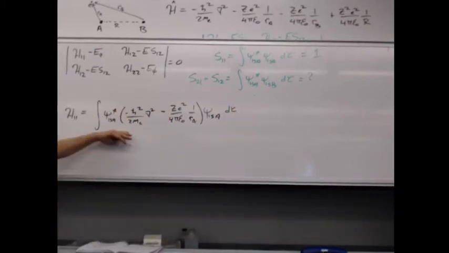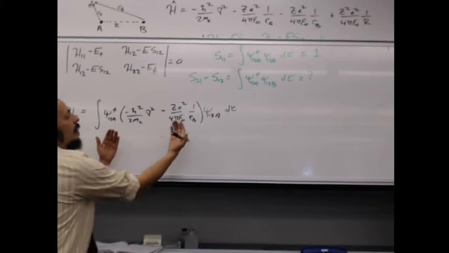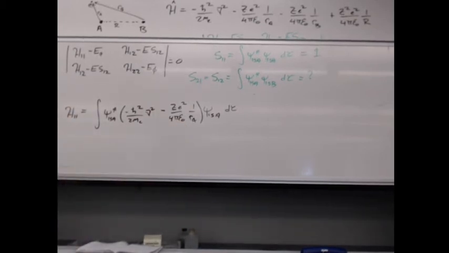Setting it up like this, just taking the first two terms in the Hamiltonian, I've still got to do the other two. I'm just showing you why I'm splitting it up this way. That's hydrogen. That's the problem we already solved. That's the energy for a 1s hydrogen.